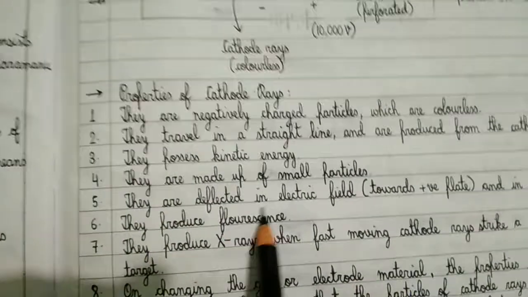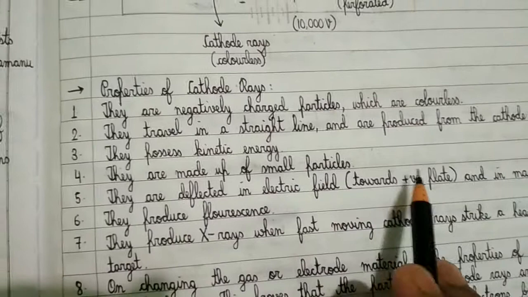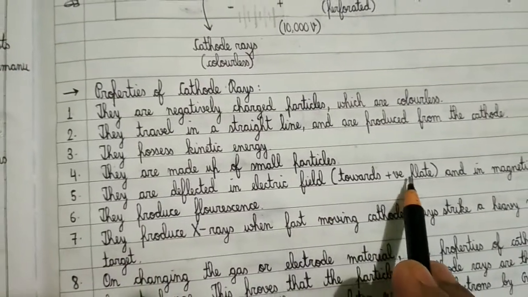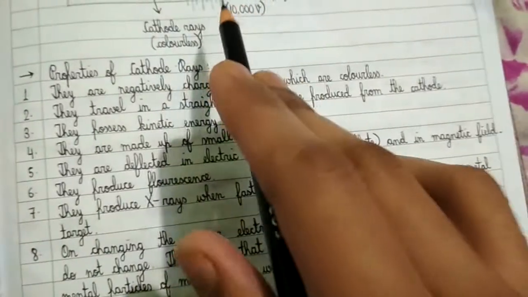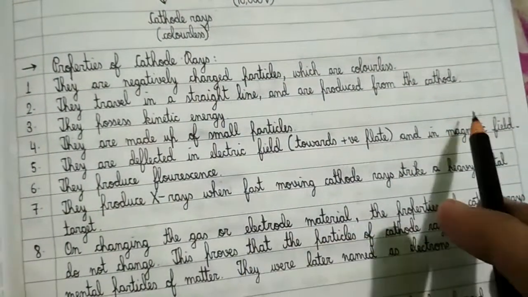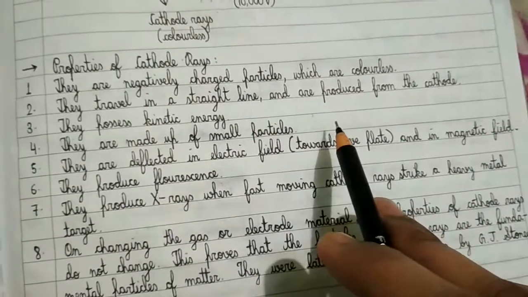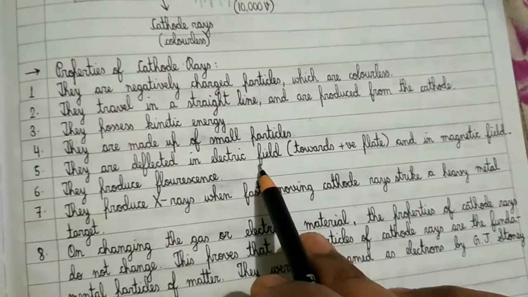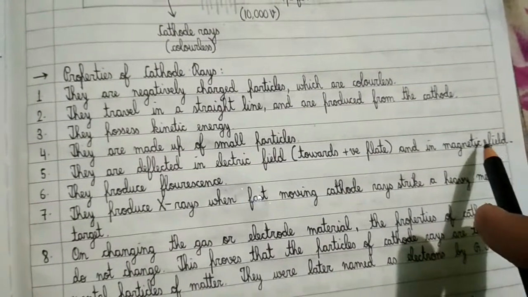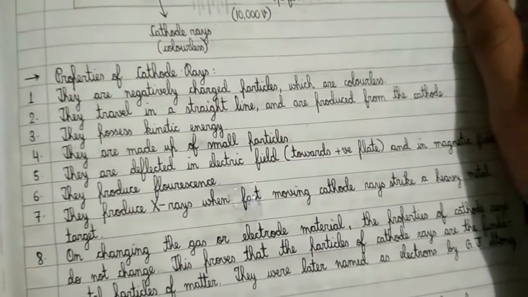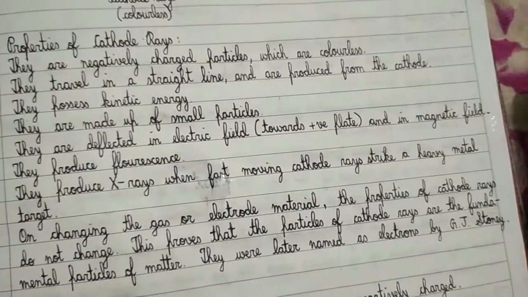They are deflected in an electric field towards the positive plate, and in a magnetic field. If they are charged particles, they will be deflected in electric and magnetic fields. In the electric field they were deflected towards the positive plate, and in the magnetic field they were deflected the way a negatively charged particle should be deflected.